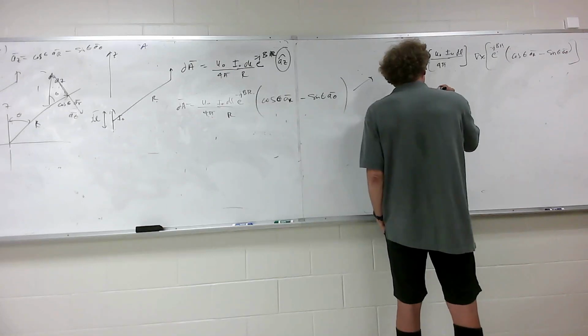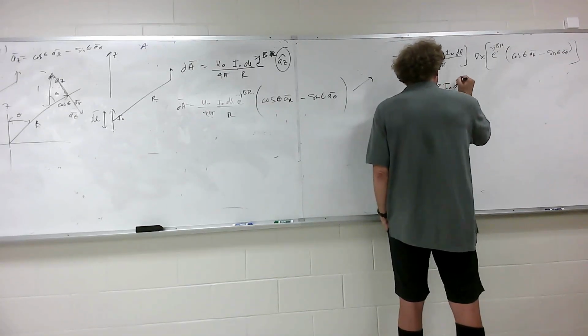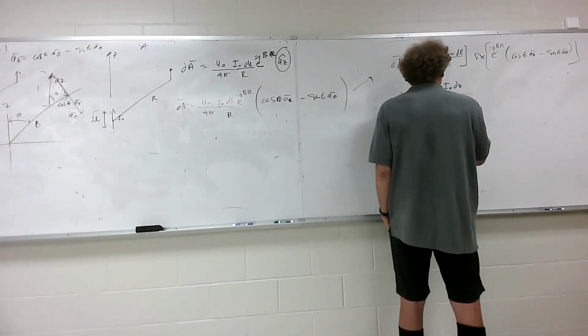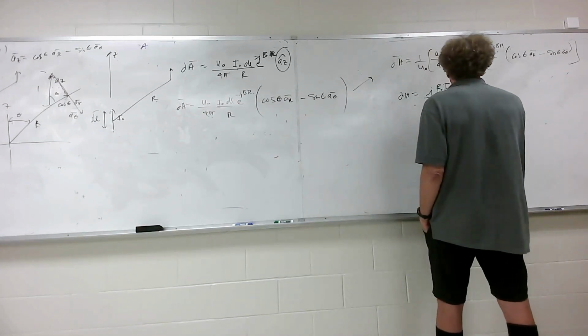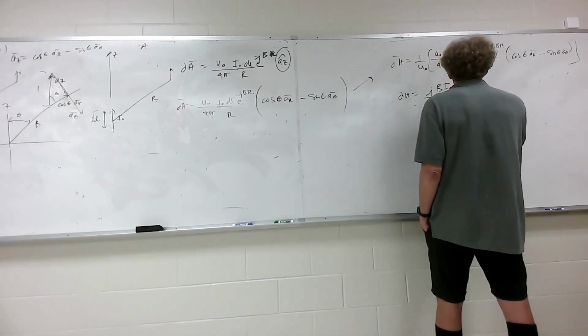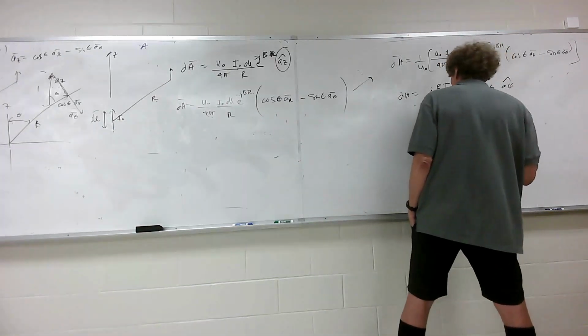It's going to be j beta I naught times differential length, dz in this case, and it's going to be over 4 pi, and then you're going to have r here. It's going to be times e to the minus j beta r, and there'll be a sine of theta, and it'll be in the A phi direction.